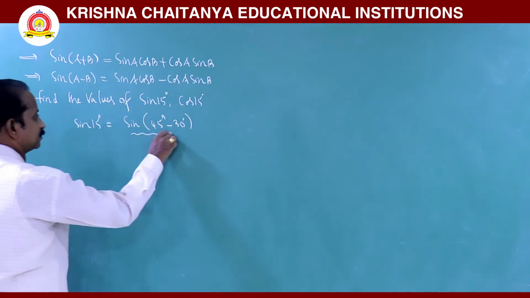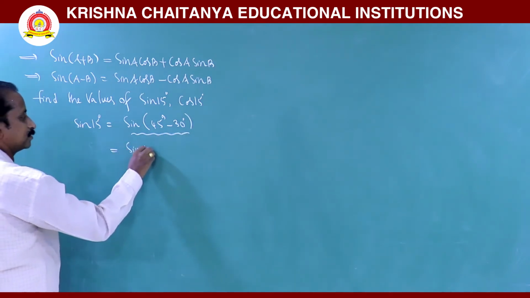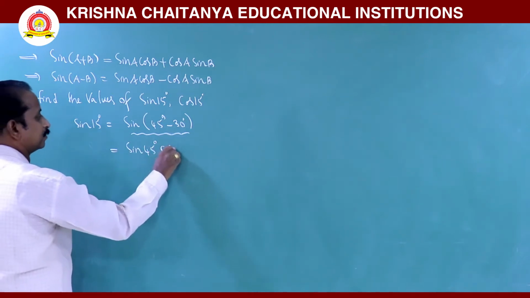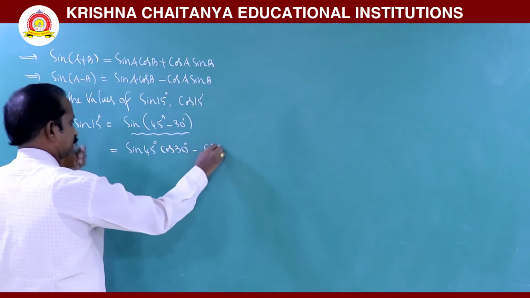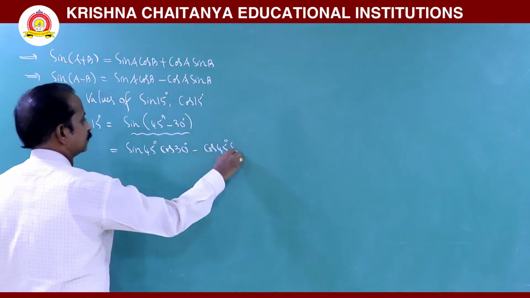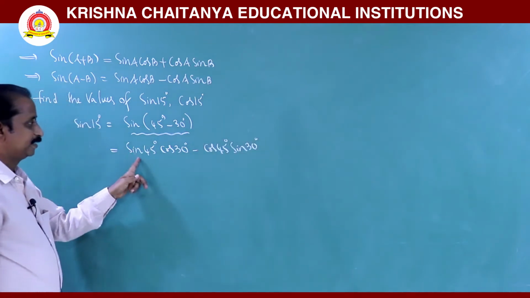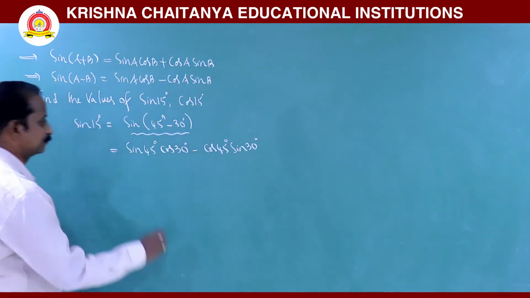Use the basic sin of a minus b: sin a means sin 45, cos b cos 30, minus cos a cos 45, sin b sin 30.